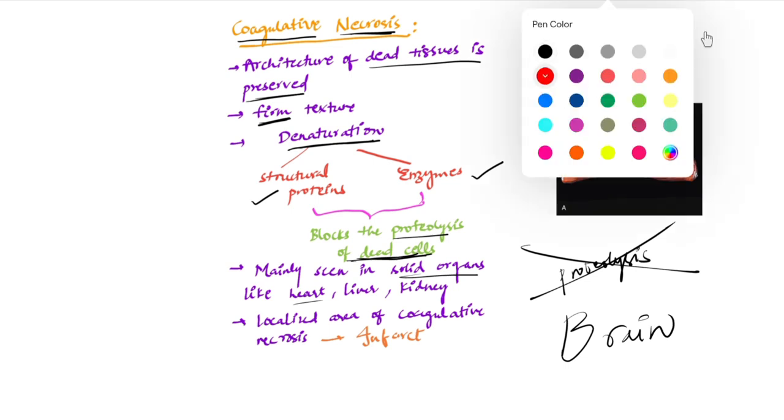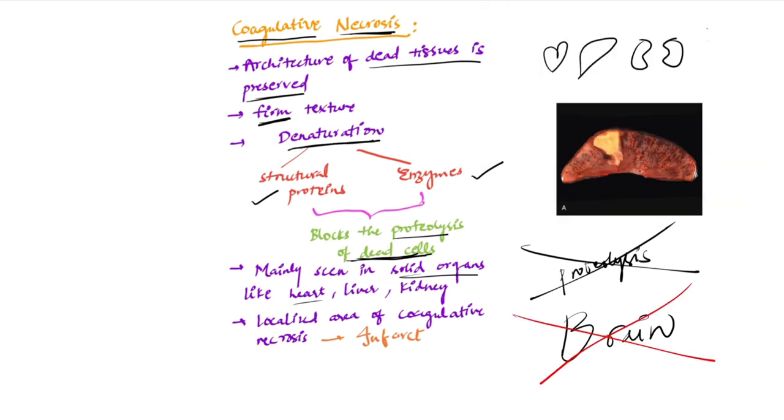It is not at all seen in brain. In brain you will see the liquefactive necrosis, but in all the remaining solid organs you will see the coagulative necrosis. And next, the localized area of coagulative necrosis is called infarct.